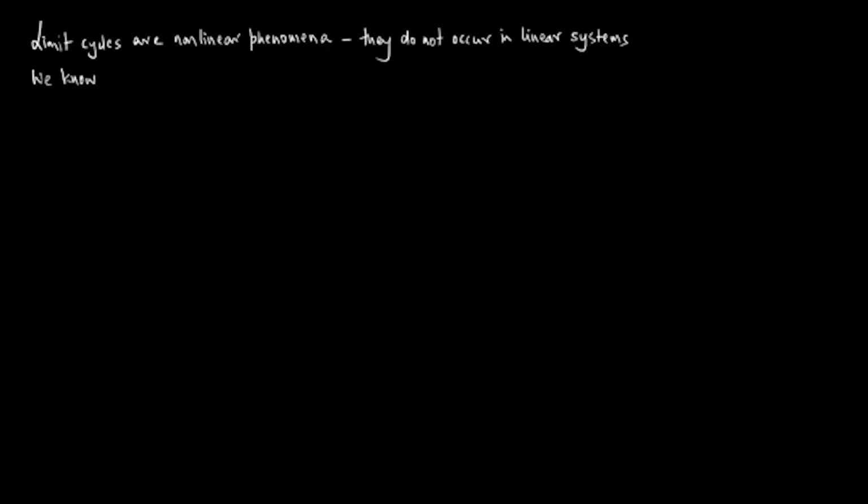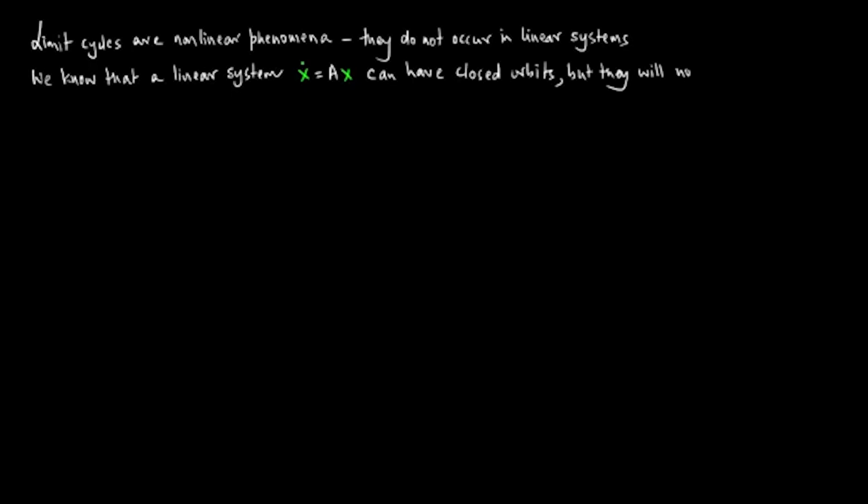Limit cycles are inherently nonlinear phenomena. They do not occur in linear systems. Now we know that a linear system, x dot is equal to ax, can actually have closed orbits, but they will not be isolated.